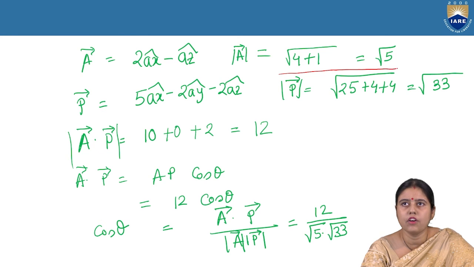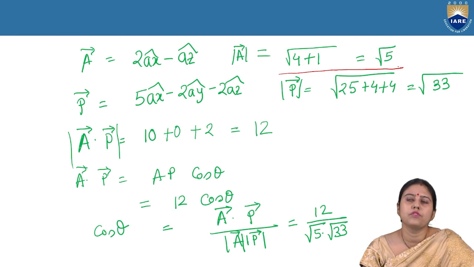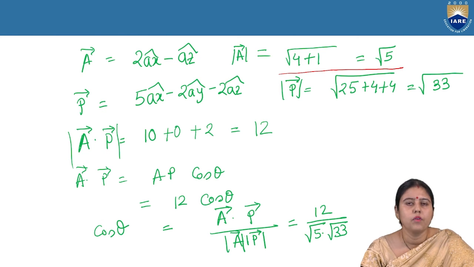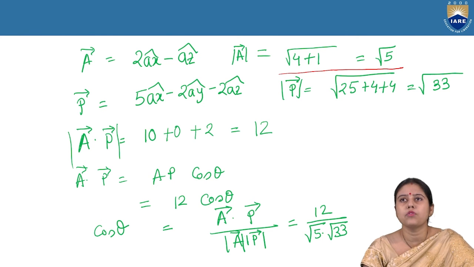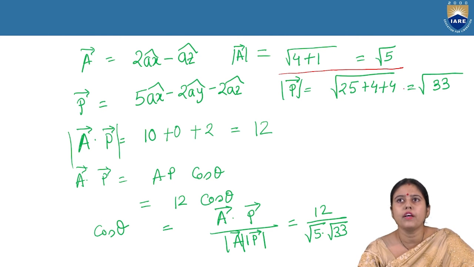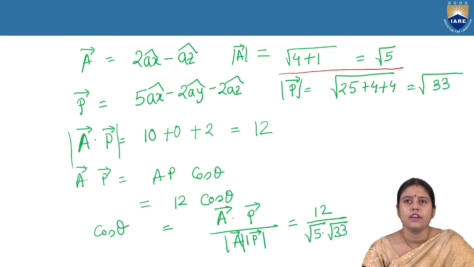Mod of A is equal to root 4 plus 1, equals root 5. What is mod of P? Mod of P is equal to root of coefficient of x square plus coefficient of y square plus coefficient of z square. So we will put the values, and this is the cos theta.